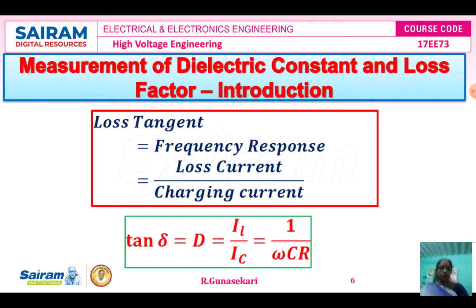The frequency response of this circuit can be expressed as the ratio of the loss current to the charging current. That is, the loss tangent is equal to loss current divided by charging current, that is tan delta equal to D equal to IL divided by IC, that is equal to 1 divided by omega CR.